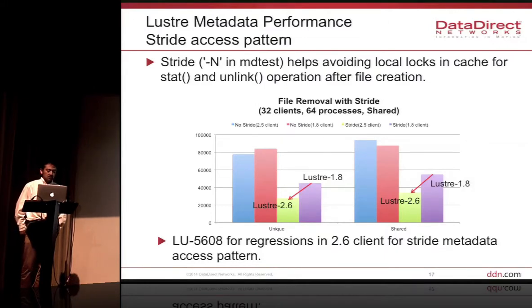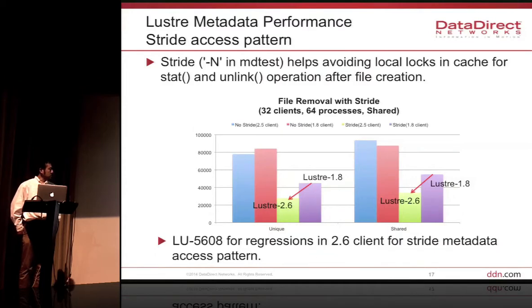So this is a much more expensive operation for the Lustre file system, which is fine. But we saw some performance degradation in the Lustre 2.6 client. In order to make sure of this performance degradation, I just ran the same benchmarking with the Lustre 1.8 client.